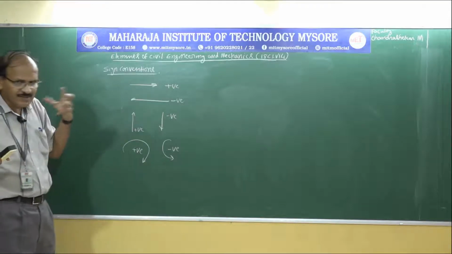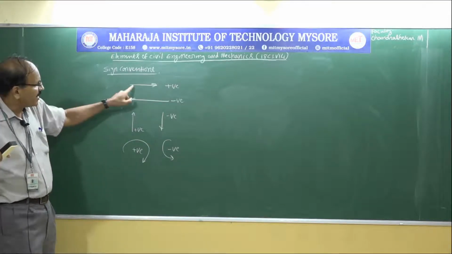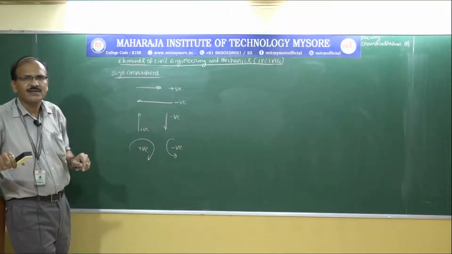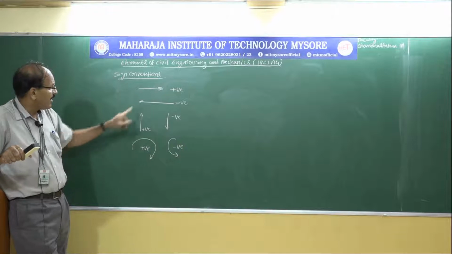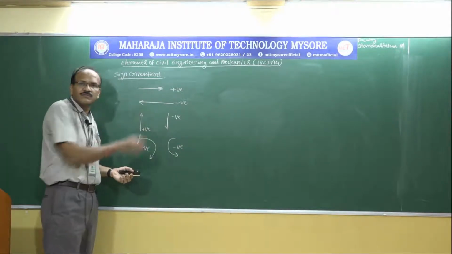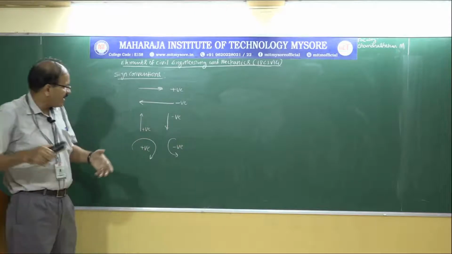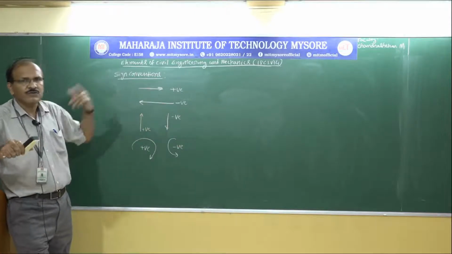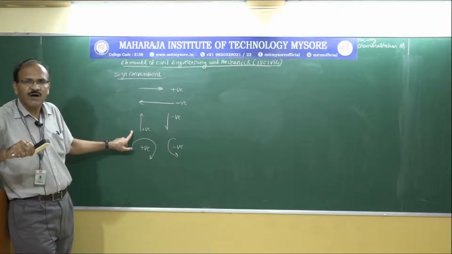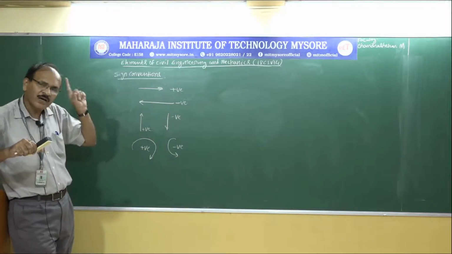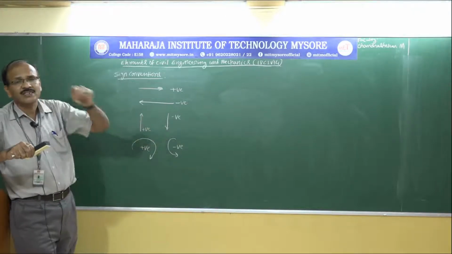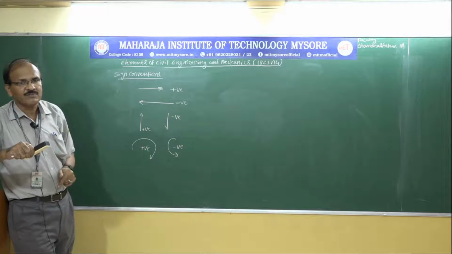So all forces acting towards the right are positive and all forces acting towards the left are negative. Similarly, for vertical forces, all forces acting upwards are positive and all forces acting downwards are negative.